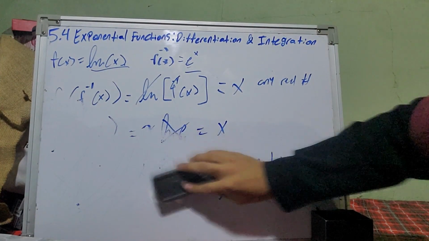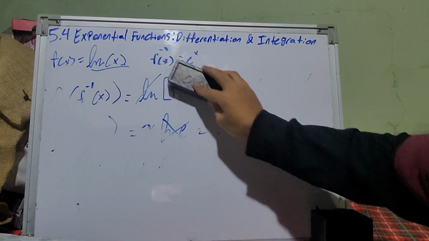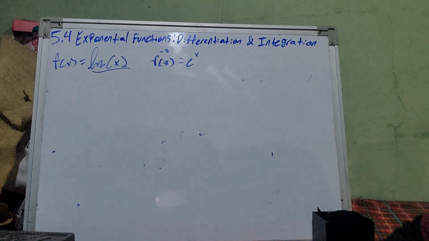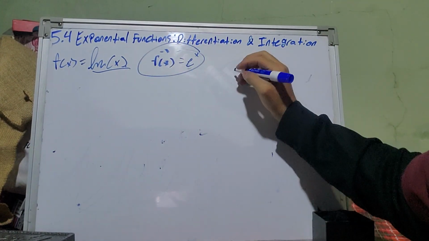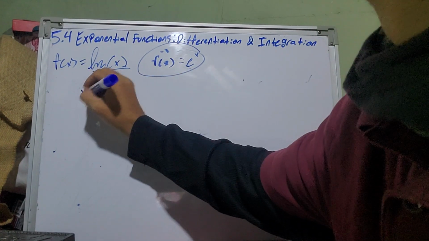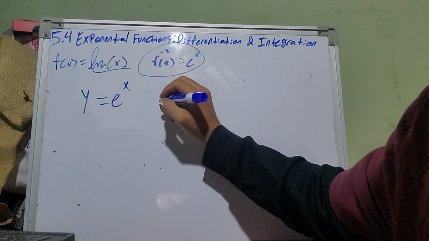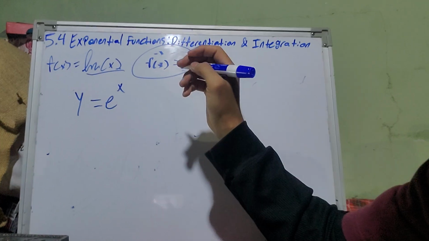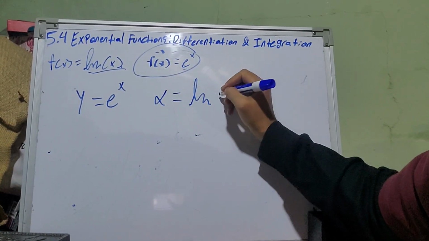This can all be denoted in this form, referred to as the natural exponential function. And that is, if y is equal to e to the x, then x is equal to ln of y.